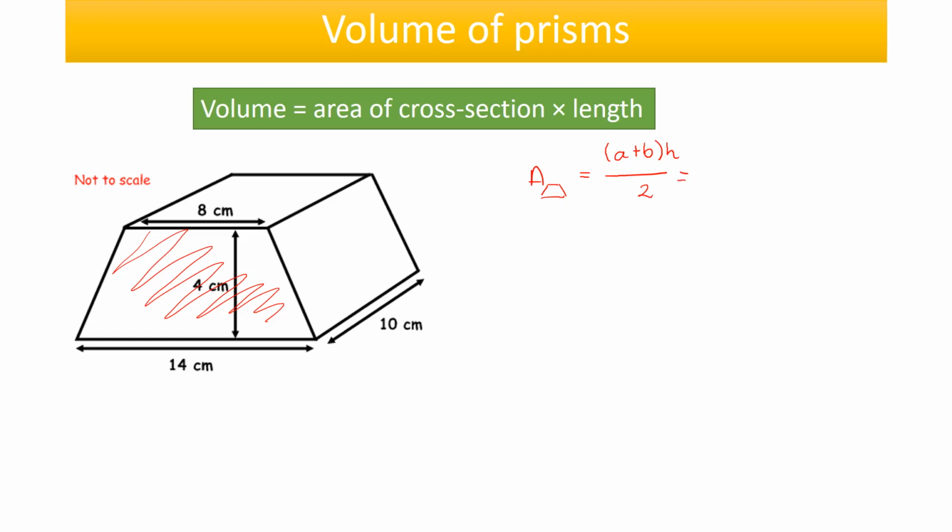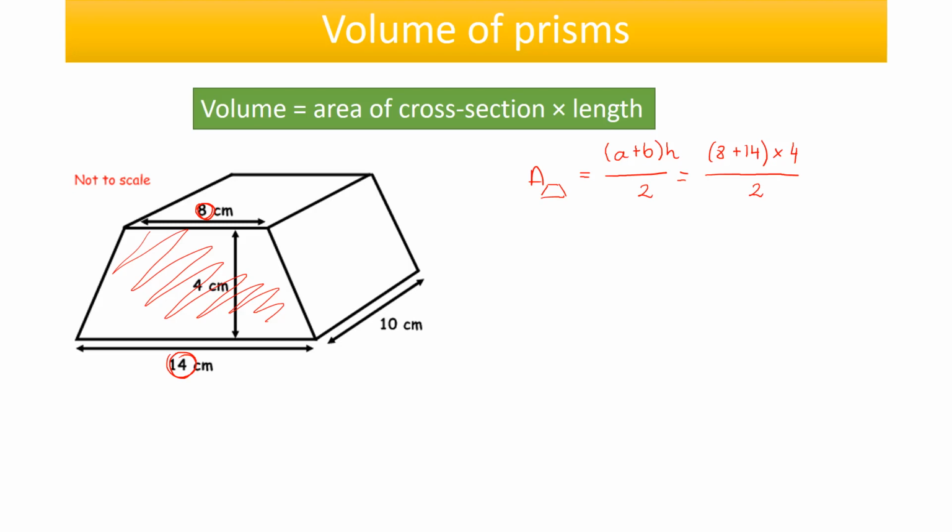So a and b, the two parallel sides, are 8 and 14. So that's 8 plus 14, and then times by the height, which is 4 divided by 2.